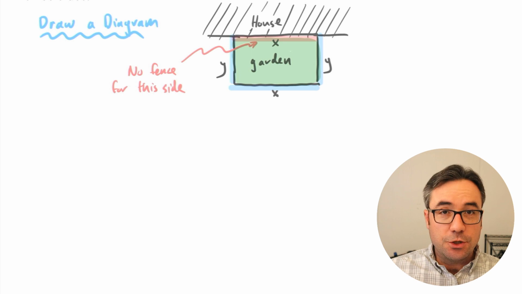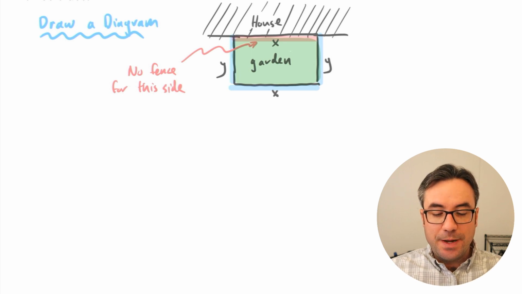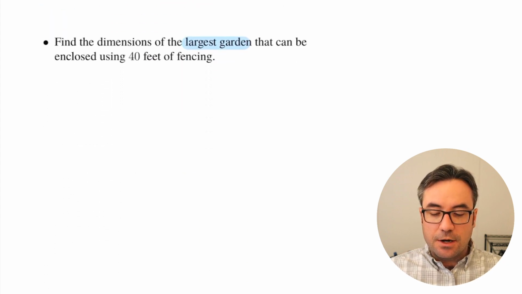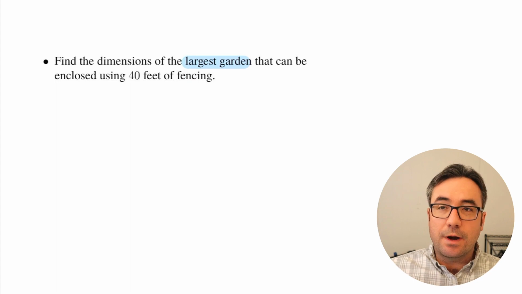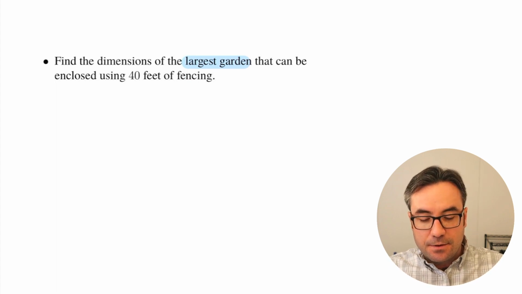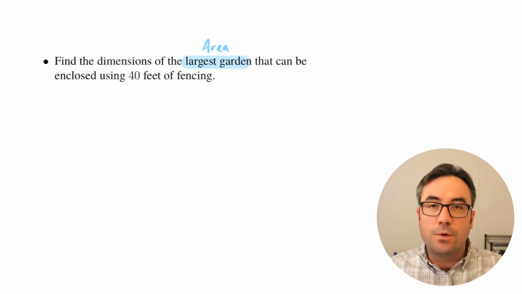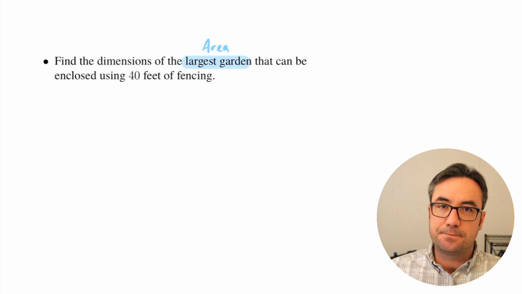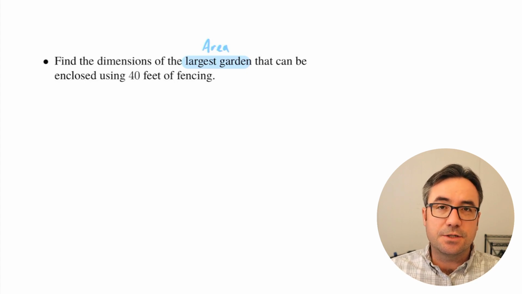Well, in 2 dimensions, this is a 2-dimensional rectangle here, the way we measure that is with area. So we're trying to find the largest garden. Really what we're asking for here is the area. We want to find the garden that has the largest area.